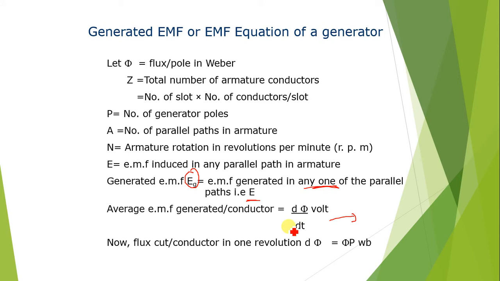With respect to time it will vary. The flux cut by the conductor in one revolution is d phi, which is equal to phi P Webers, where P is the number of generator poles.